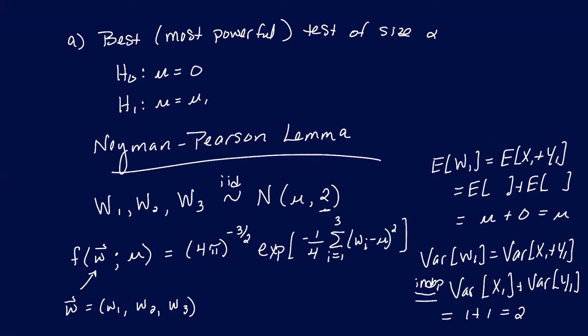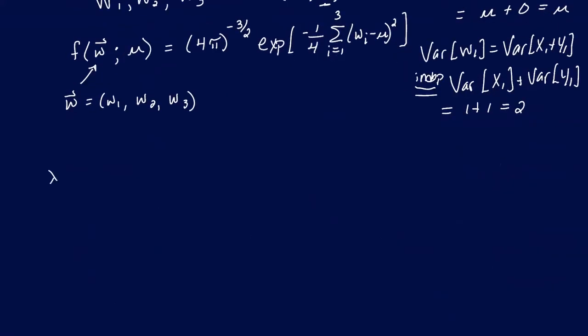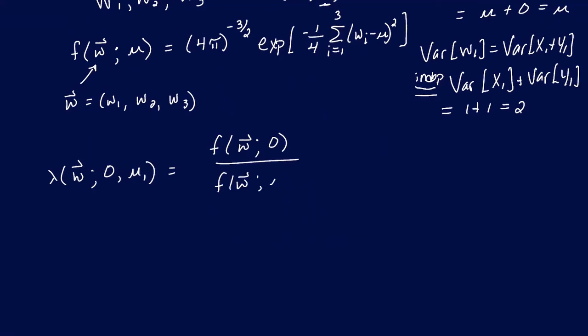So with that, we're ready to form the likelihood ratio. If you took a class with me, I've been calling it lambda, and you can call it whatever you want or call it nothing. You can write the likelihood ratio is and just write it down. But I usually have the null hypothesis parameter, which is mu equals 0, and then the alternate hypothesis parameter, which is mu equals mu1. And this is made up of the joint PDF with the null hypothesis parameter over the joint PDF with the alternate hypothesis parameter.